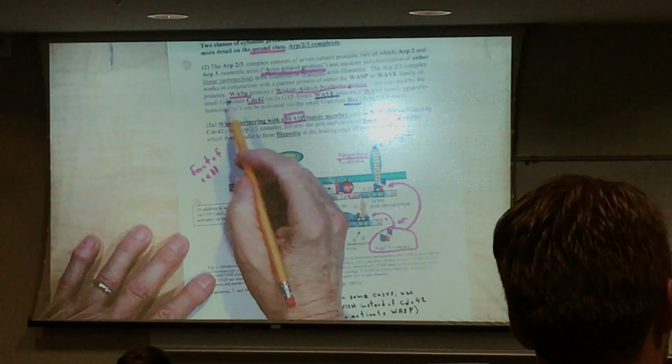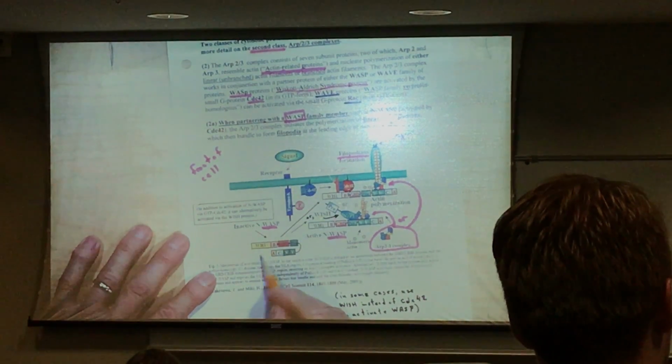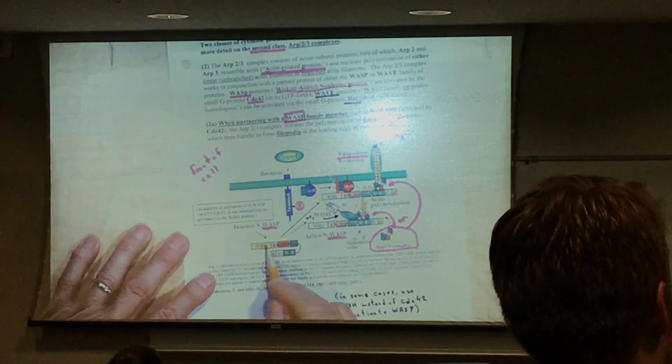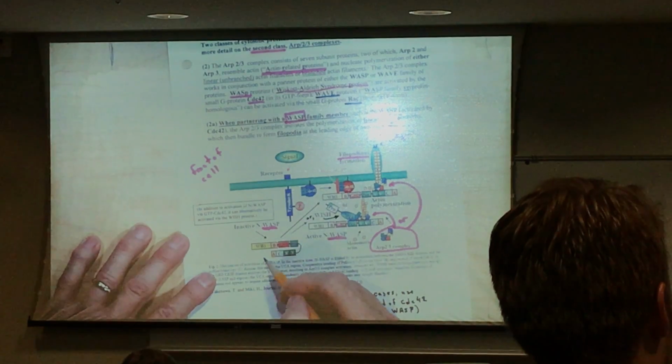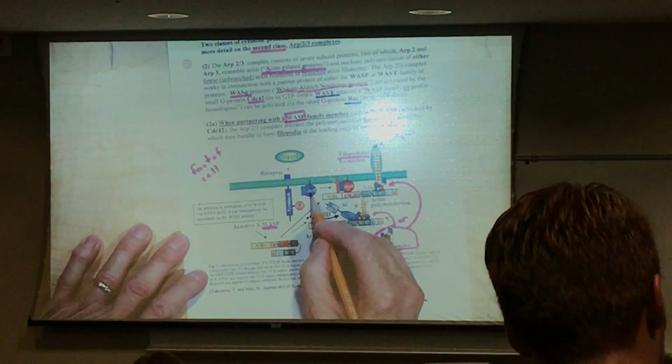So we have Wiskott-Aldrich syndrome protein. Here it is, kind of like formin, curled up on itself, inactive. And it's going to become activated by another G protein, in this case another member of the Rho family called CDC42.